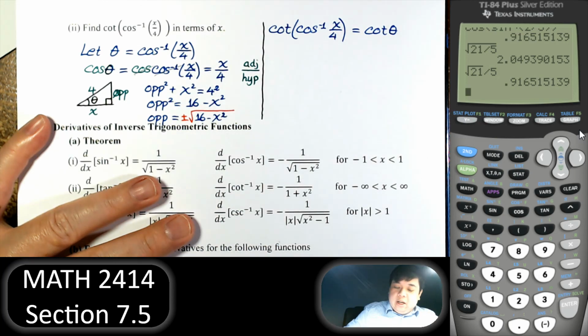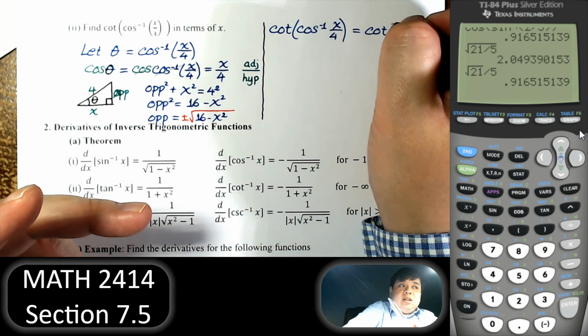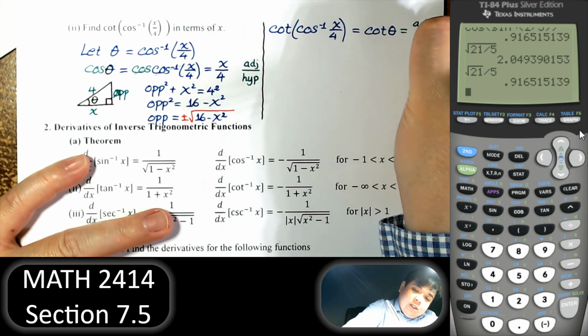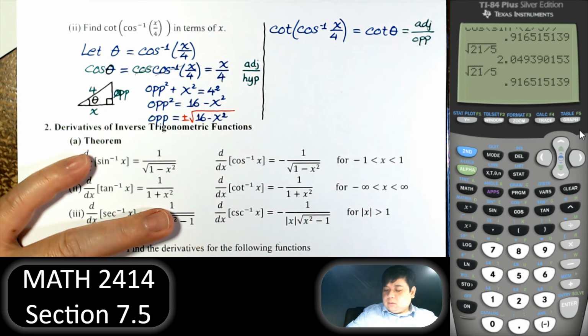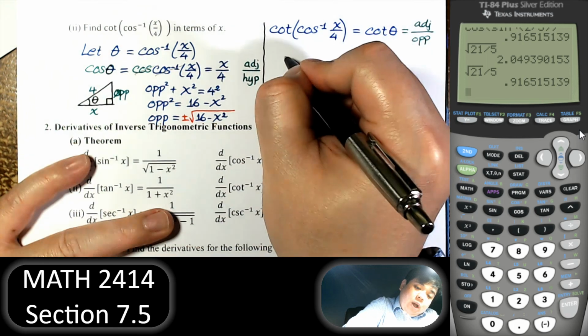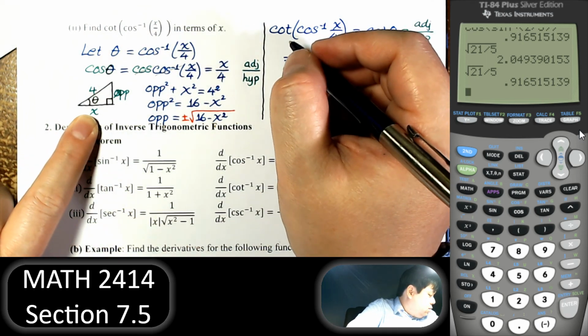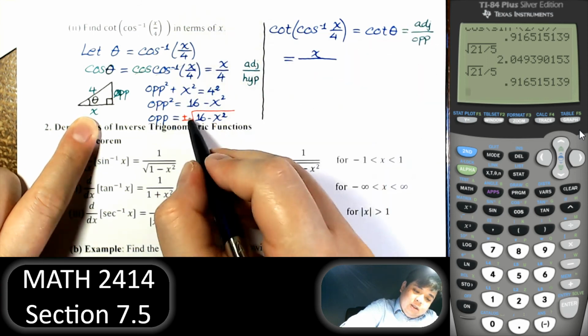And cotangent is the reciprocal of tangent. Tangent is opposite over adjacent, so this will be adjacent over opposite. So we have adjacent x over the opposite.